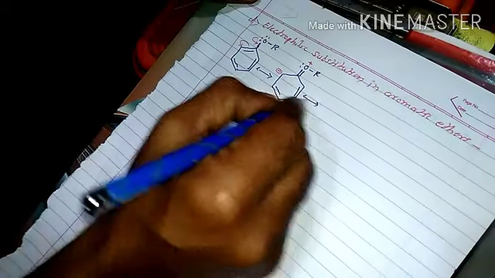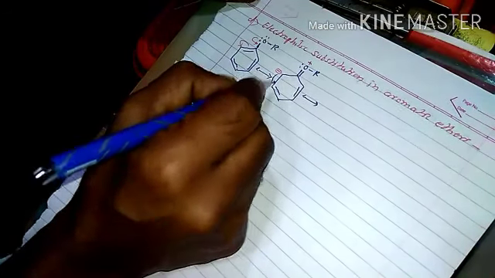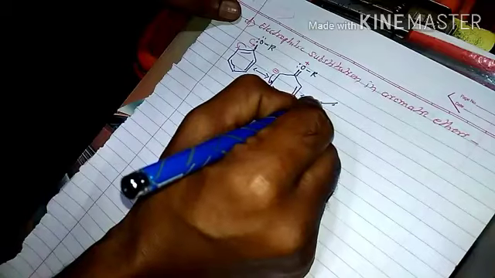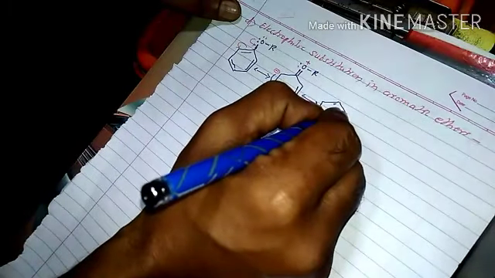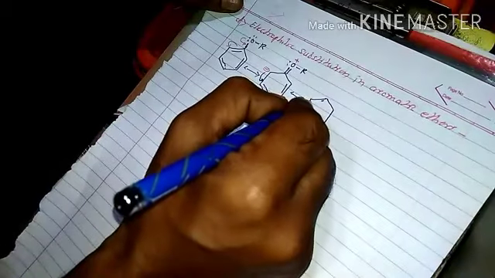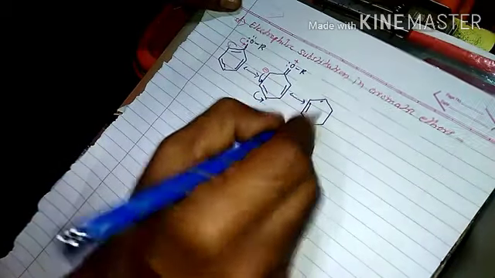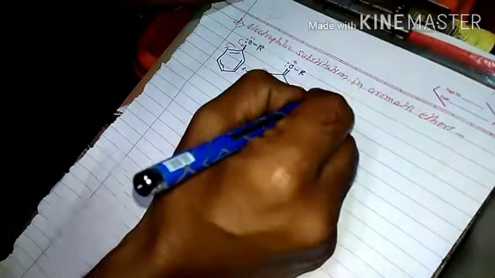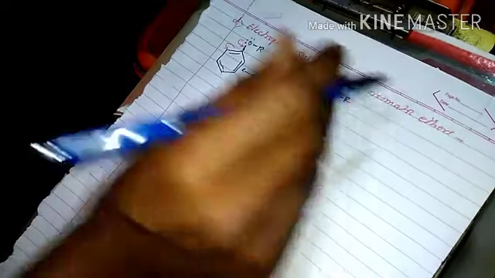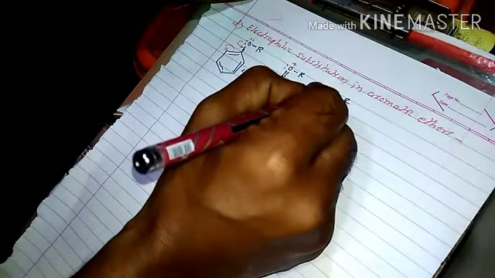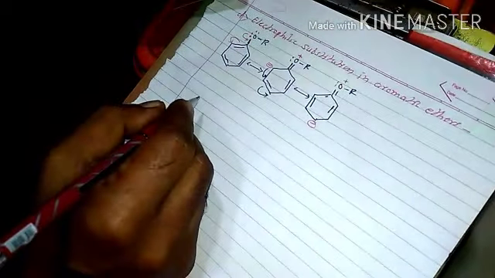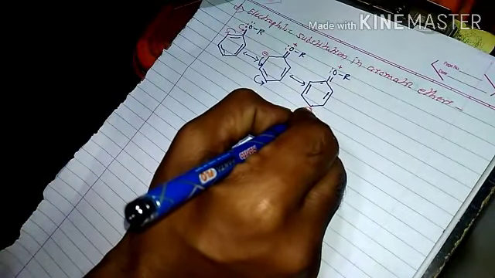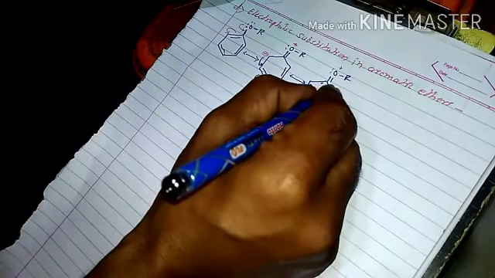Now what happens again? This pair comes here and therefore this pair comes here. The third structure is: here there is a double bond, here there is a negative charge, again here there is a double bond, and here the double bond to O R with one pair and one positive charge. Now this pair comes here, and therefore this pair goes here.